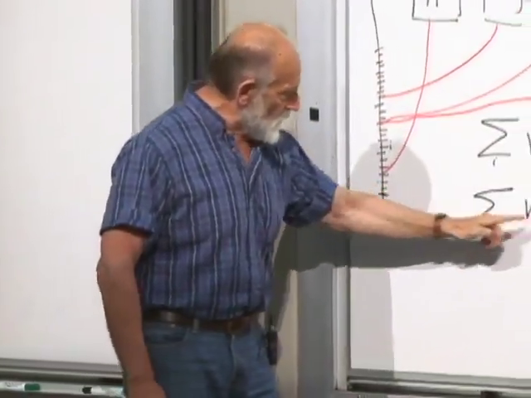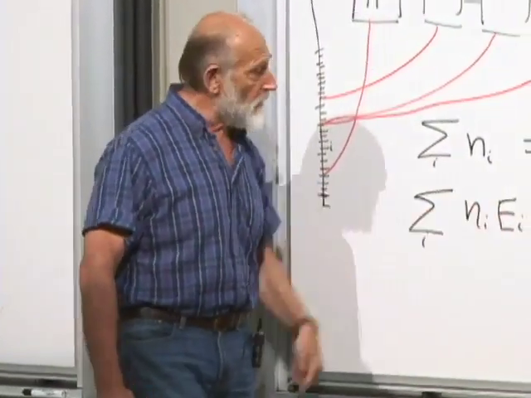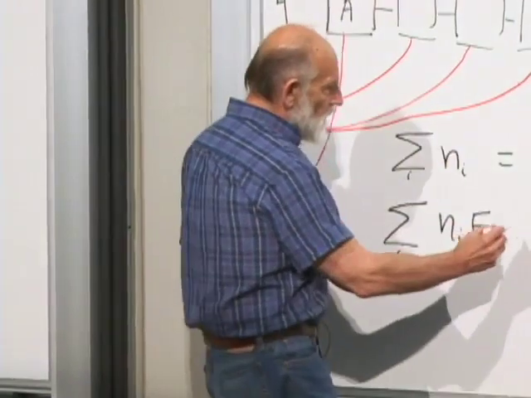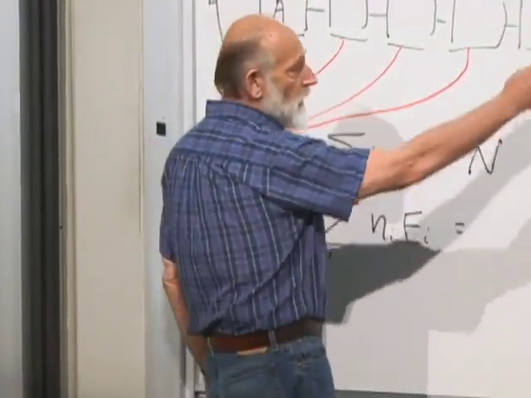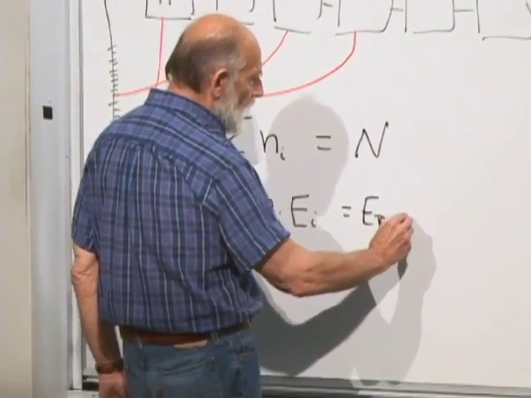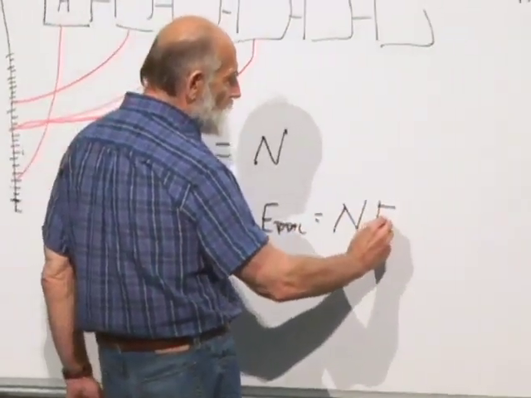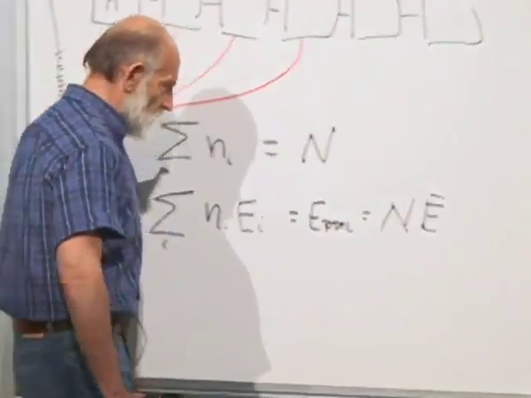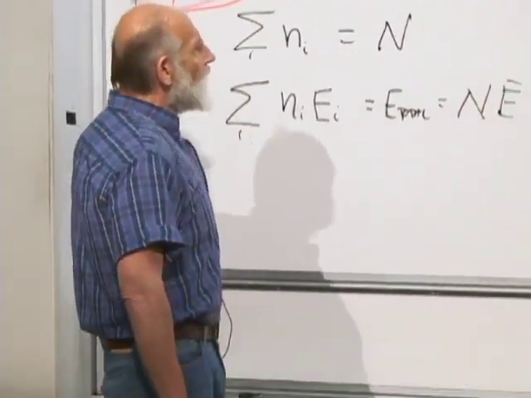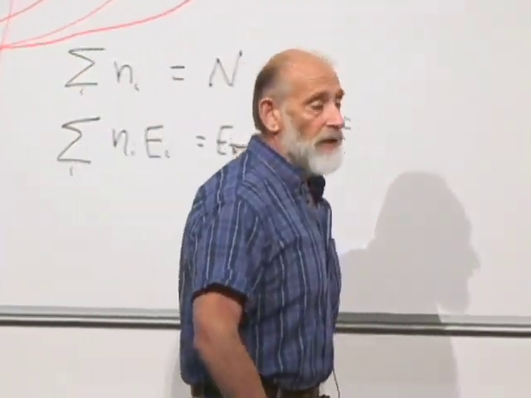Second, the number of boxes with each energy level, when added up, has to add up to the total energy. So that must add up to E total, depending on the way we want to write it, but we can also remember that that happens to be N times the average energy of any given box. The total energy and the total number of boxes are fixed and frozen and will never change in this discussion.